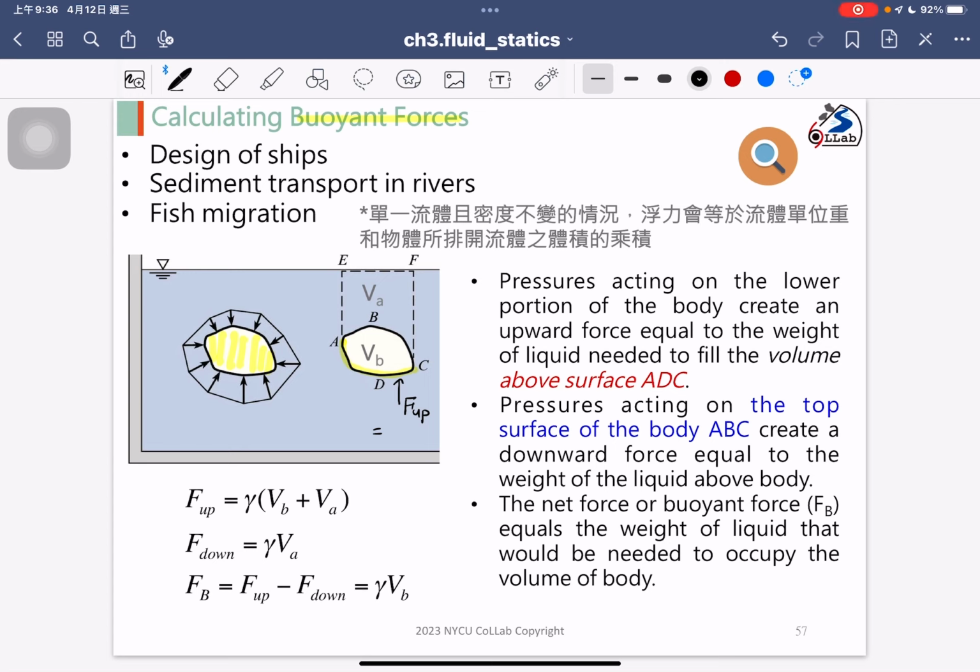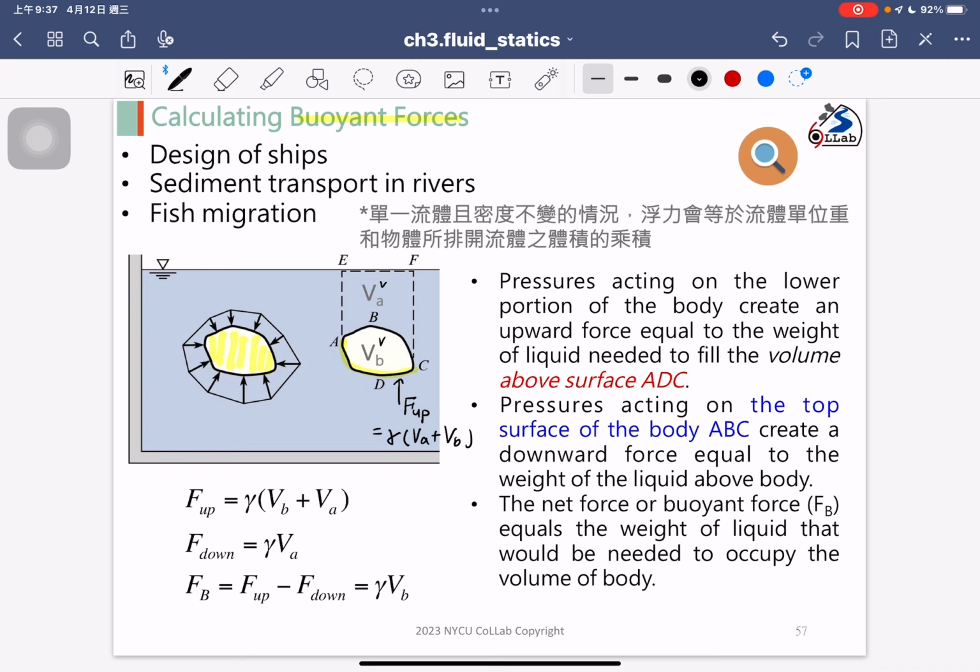The fluid weight is gamma, and the volume above the ADC is the volume VA plus the volume VB, right? We have the volume VB here and the volume VA here. Because the particle is static here, the ADC curvature line will have the upward force to overcome the fluid weight above the ADC line.